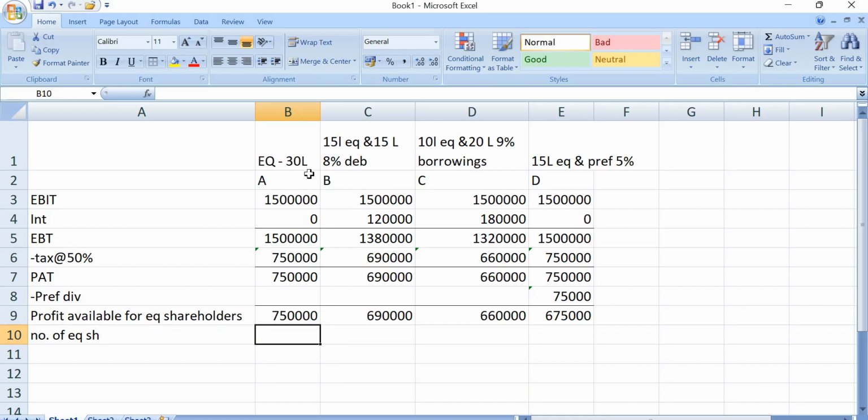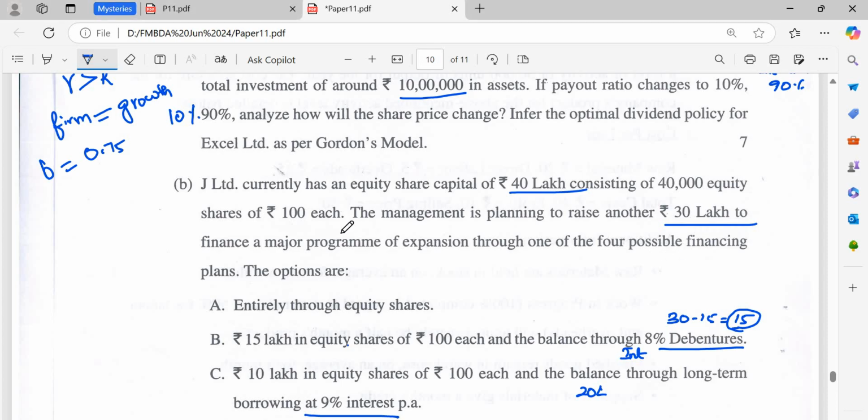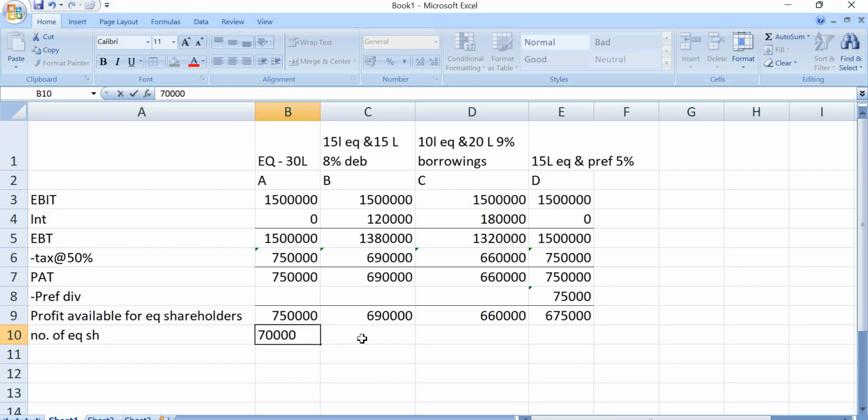Now I'm going to issue for 30 lakhs, right? So 40 plus 30, that is 70,000 shares, that is 30 lakhs divided by 100 each. In the second case, 40,000 shares plus 15,000 is 55,000.